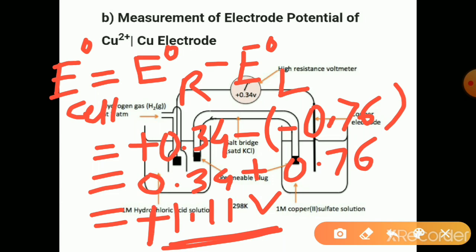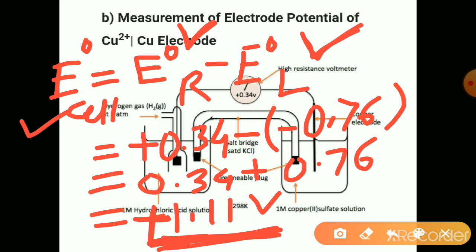Cell potential is always a positive value, and remember, E naught of right will be higher value, E naught of left will be lower value. So E naught of right has the higher potential, E naught of left has the lower potential, then only the cell potential will be positive.